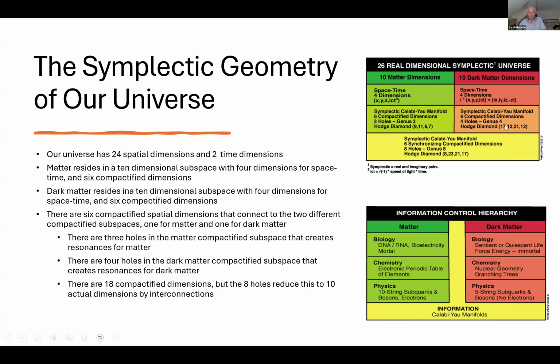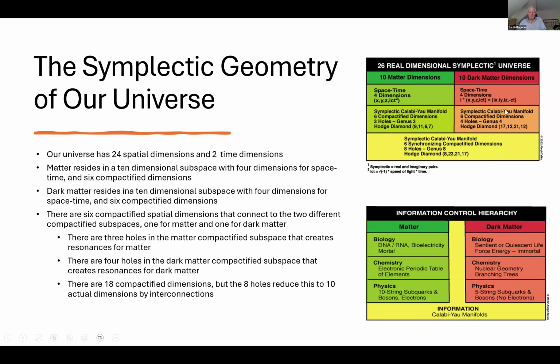But there's no charge associated with this, unlike over here in space-time and with matter, where we have positive and negative charges. There is no electromagnetism here. So the dark matter, while it's very dense, you should think of it as nuclear. It's made up of subquarks that are made up of these 5-string resonances that capture globules of energy.